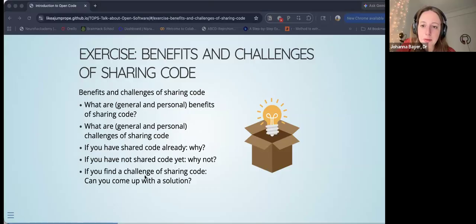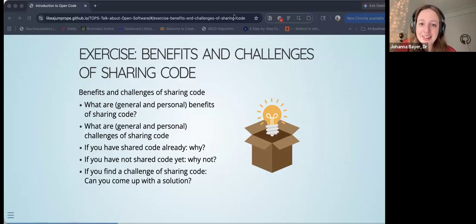So do we maybe want to start with who has already shared code? Can I maybe get a raise of hands or a reaction? Two people. You can also unmute yourself and say yes.